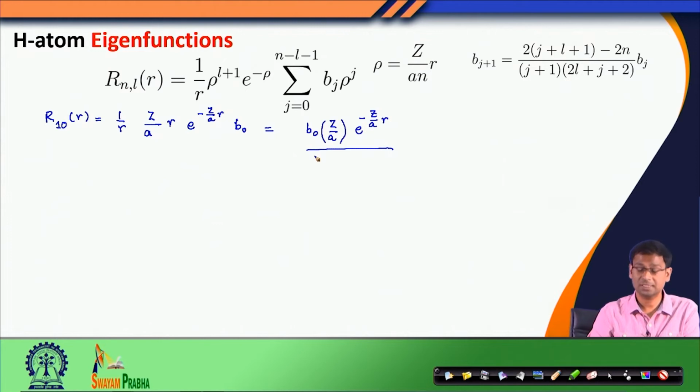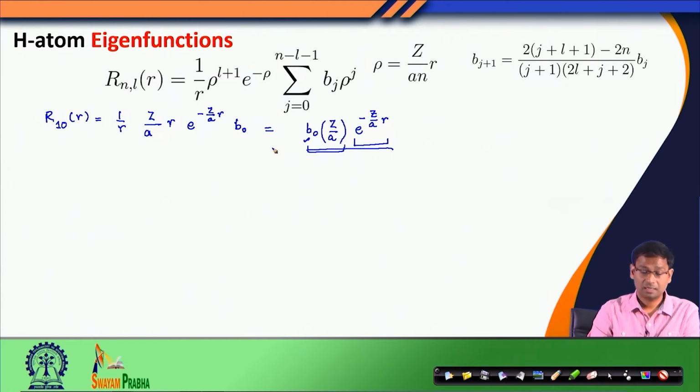What functional form does it have? It has some constant, we still do not know what. Z over A, Z is the nuclear charge, which is 1, A is the Bohr radius, which is 0.529 angstrom. So, this is again a constant. So, together these are constants, and what I have is simply an exponentially decaying function, where the exponent is minus Z over A r.